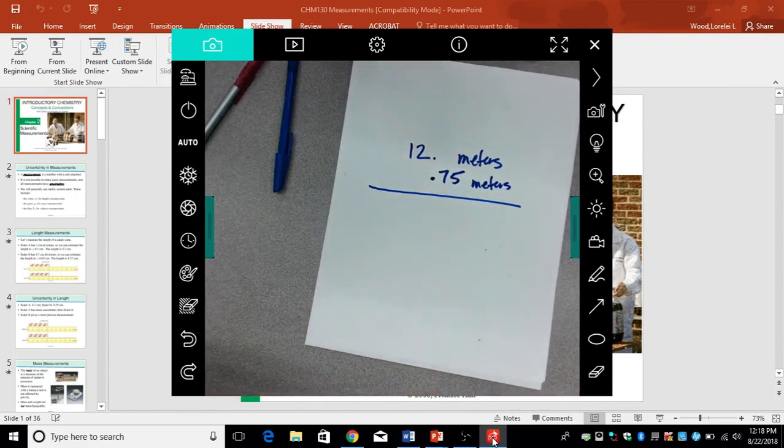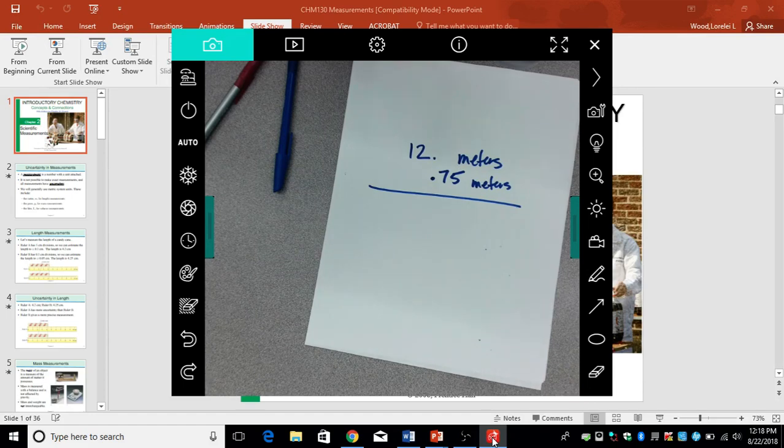So now what I'm adding up is 12 plus 0.75. So now you have to determine which one of those values was the least precise measurement. 12 is the least precise because it only goes to what digit? Ones place.